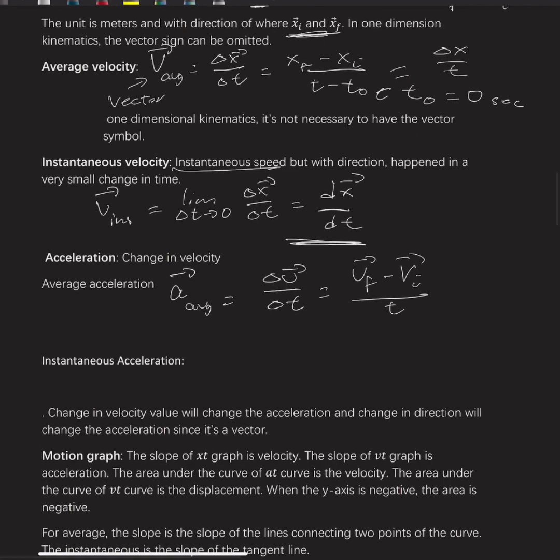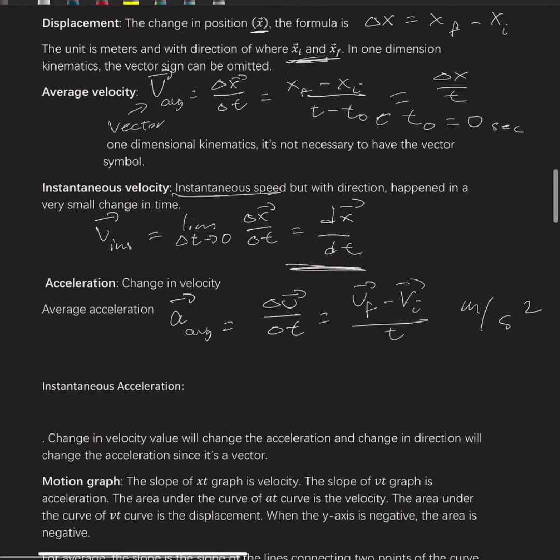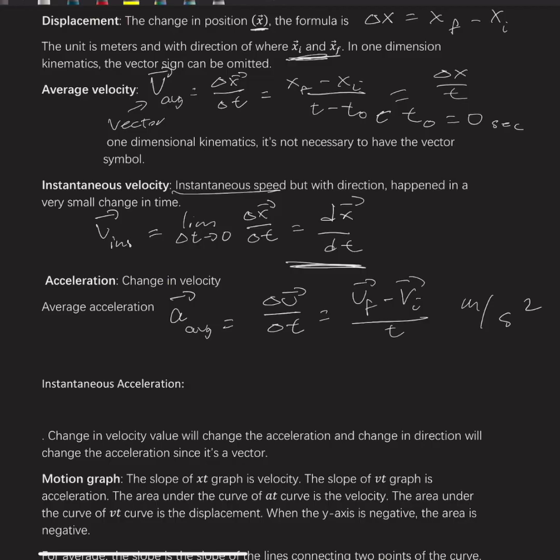The unit for this is meter per second squared, because the standard unit for velocity is meter per second, and you're dividing it by second, which is meter per second squared. That's the SI unit for it.